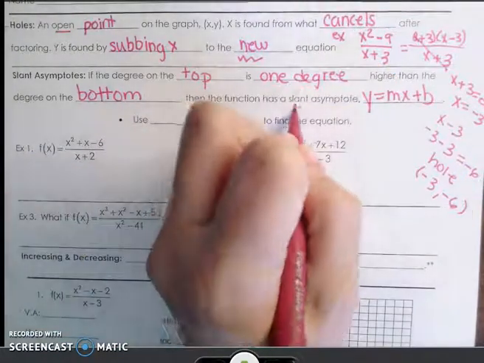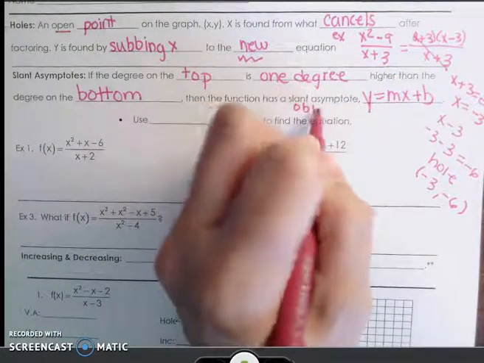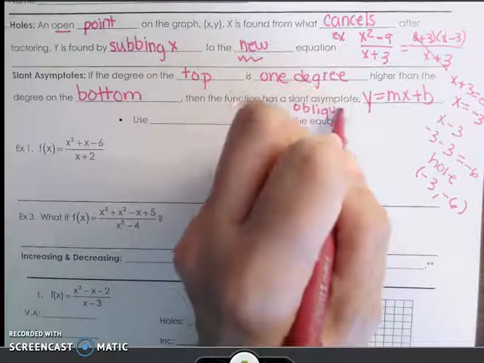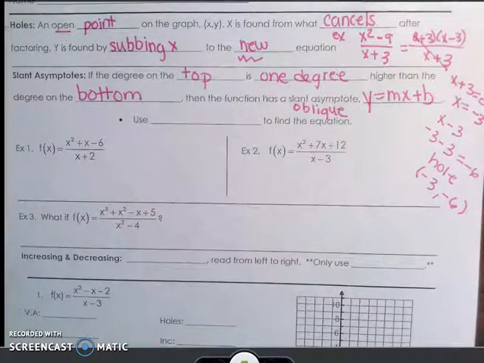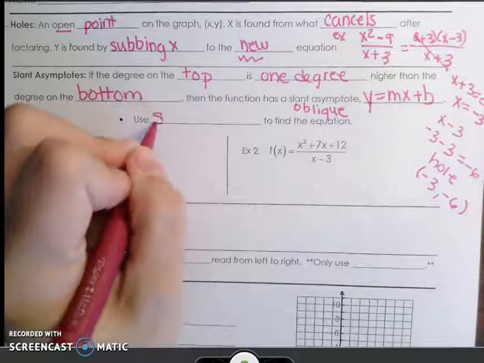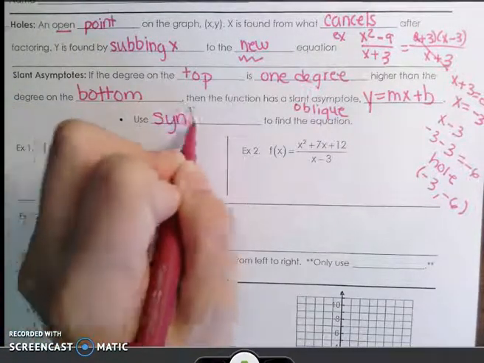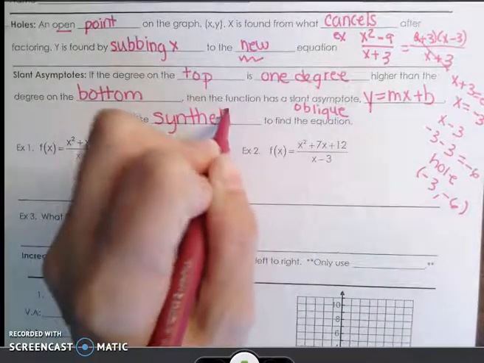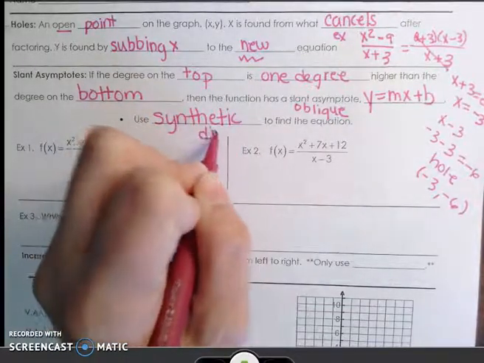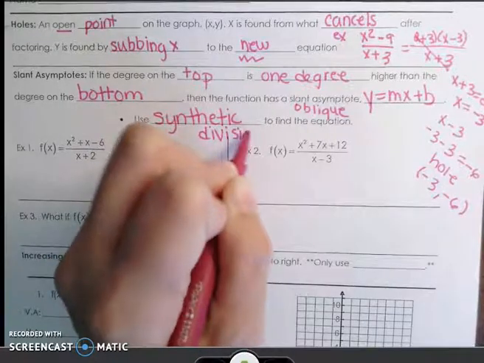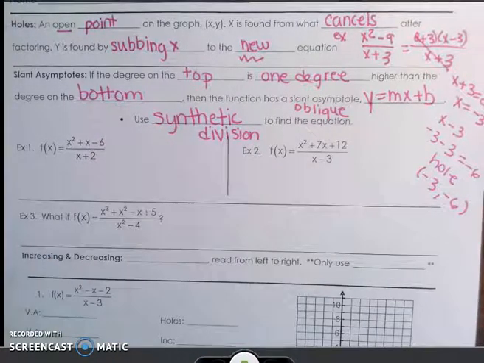And let me write that word in case you ever see it, an oblique asymptote. And you always want to use synthetic division. Sometimes you'll use long division, but in our case, most of the time you'll just use synthetic division.